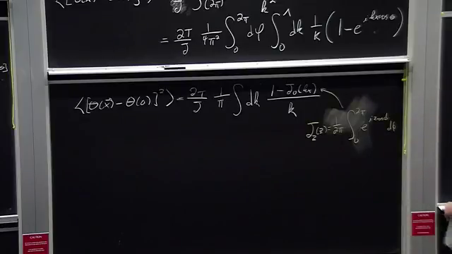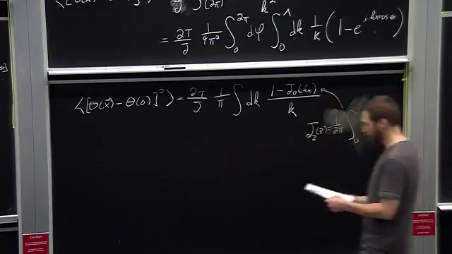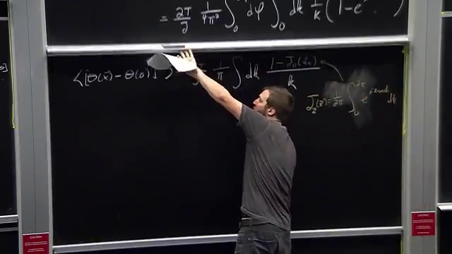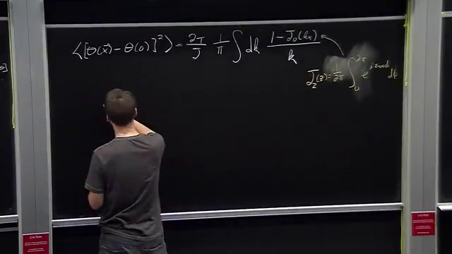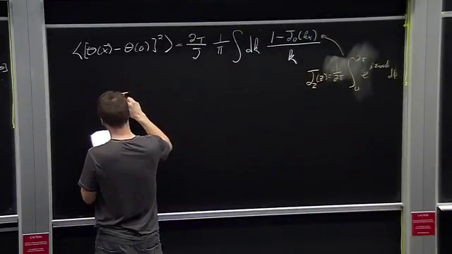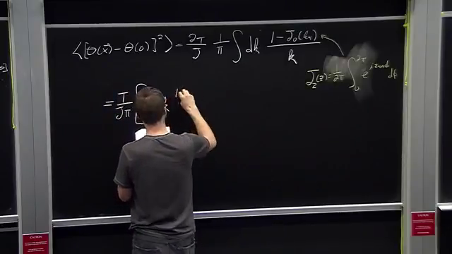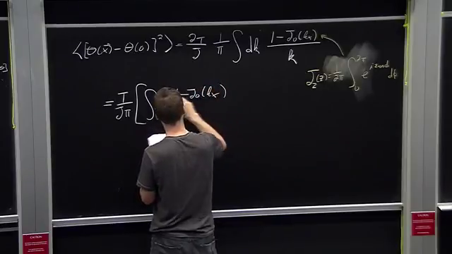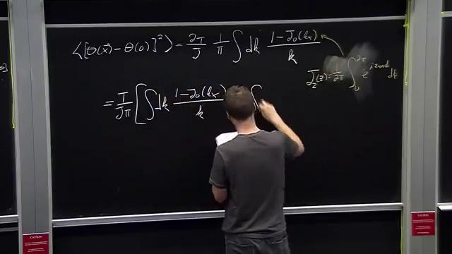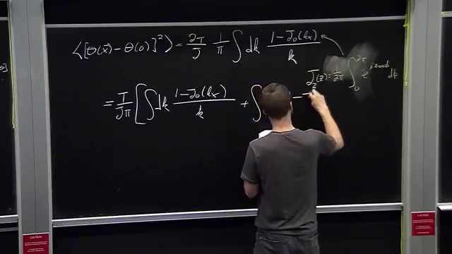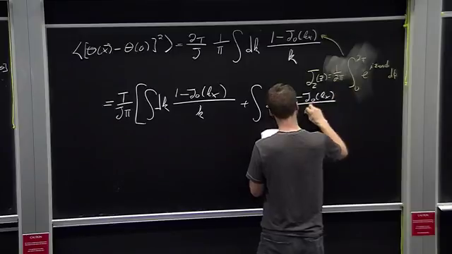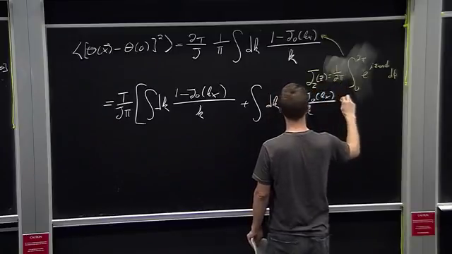Right. So my k is going to go from, okay, slow. So I'm going to split this integral up into two pieces. One is the Bessel function, dk.